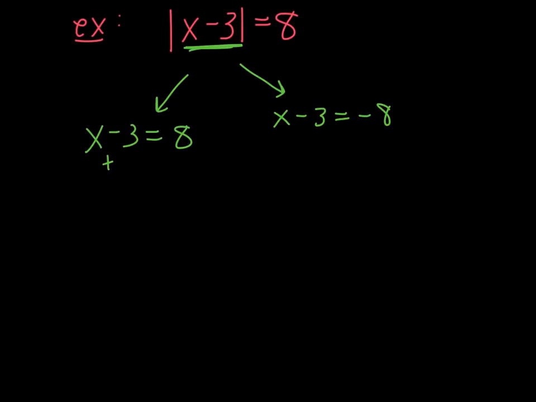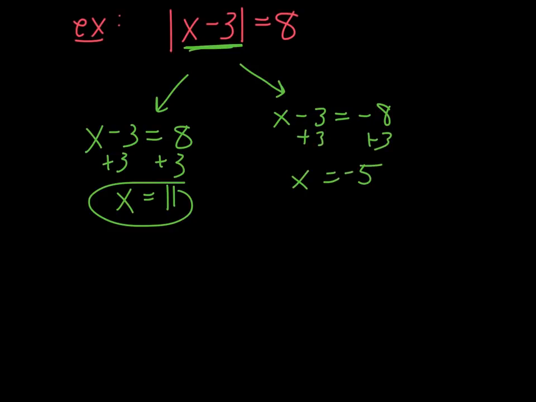So I solve each of these separately, and I get from the first equation that x could be 11, and from the second equation that x could be -5. So x is either 11 or -5.